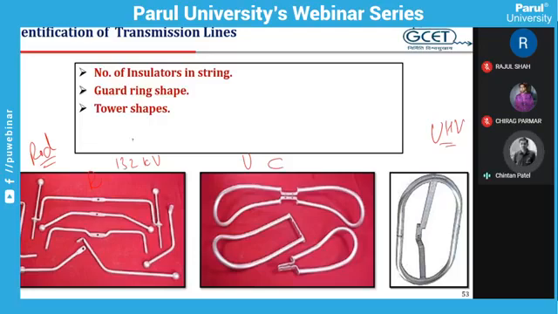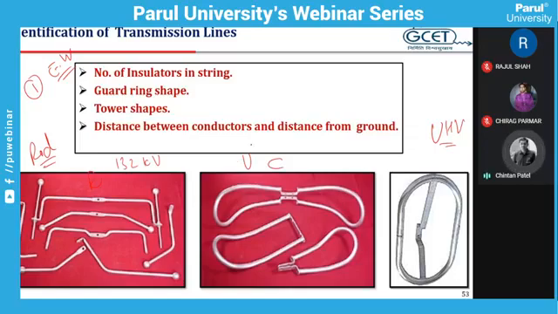Up to 220 kV, the number of earth wires will be 1. Only one earth wire is used up to 220 kV. So if only one earth wire is used, then depending upon the number of discs and guard ring, you can easily identify the voltage level. But if there are two earth wires, two topmost earth wires, then certainly it will be a 400 kV or 765 kV transmission line.